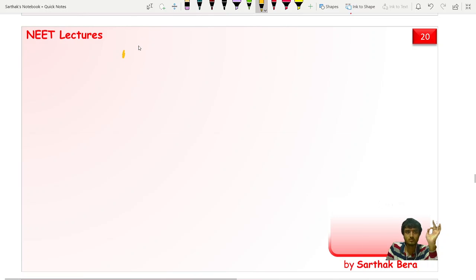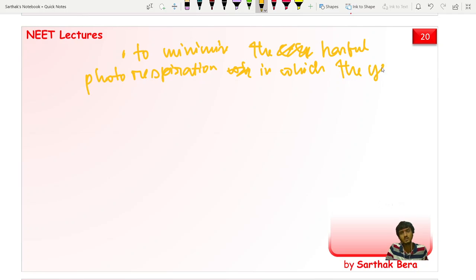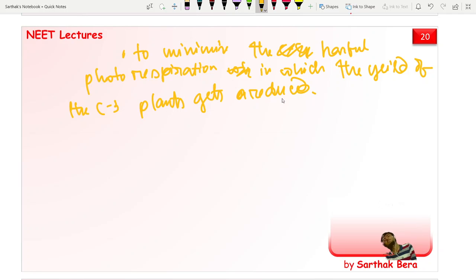To minimize the harmful photorespiration, in which the yield of the C3 plants gets reduced, the yield of the C3 plant gets reduced.